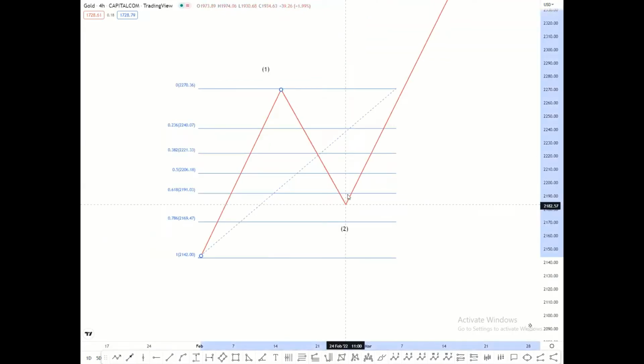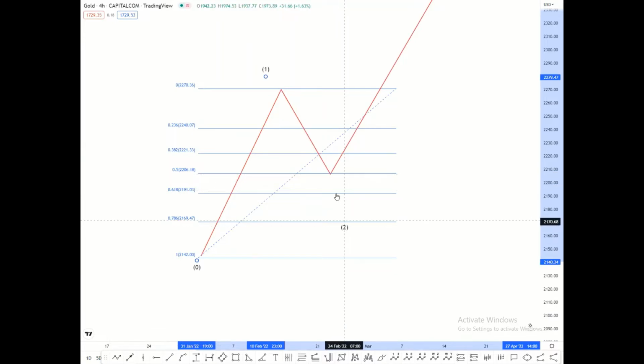But in most cases, it terminates at 60%, 61.8%, because this percentage is the golden ratio. Many people who use Fibonacci use 61.8% many times, but it can also terminate at 50%.